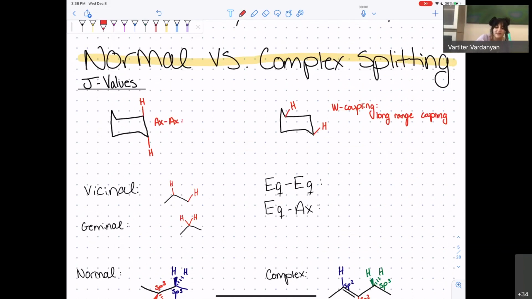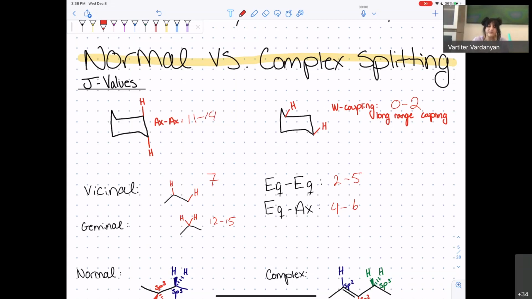So vicinal is 7, and that's a normal splitting. Geminal is 12 to 15. Equatorial is 2 to 5. Equatorial axial is 4 to 6. W coupling is 0 to 2. Axial is 11 to 14.